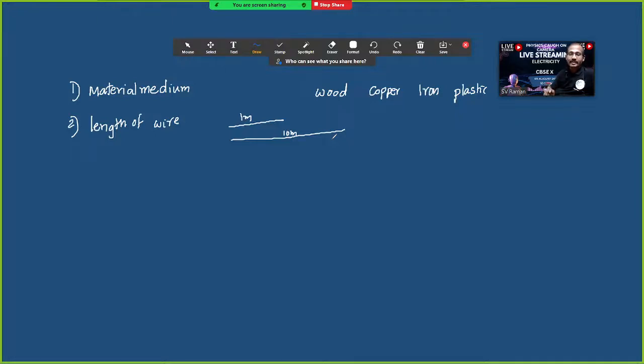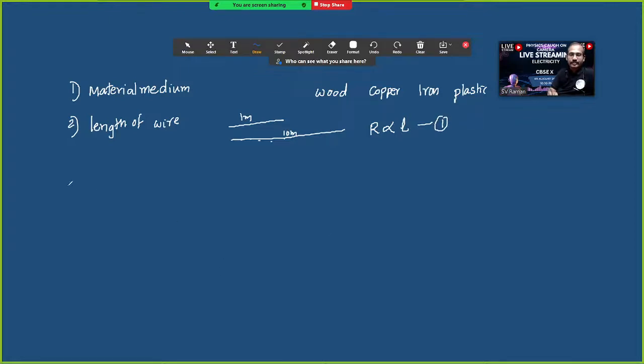Why does the long wire have more resistance? Because the wire is also made up of atoms, which generally contain electrons, protons and neutrons. So a number of electrons already exist which oppose the flow of charged particles. So the more the length increases, the more resistance there will be. Yes or no? So we can write R is directly proportional to L. This is equation number 1.